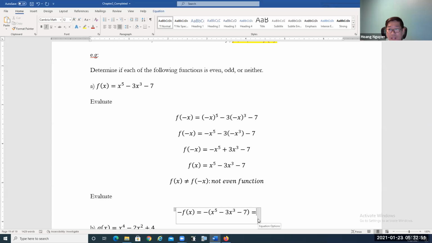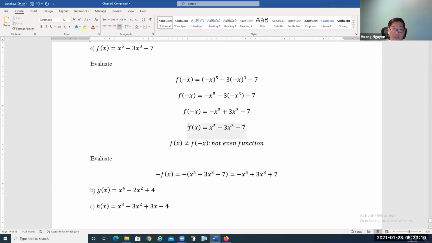Let's simplify this, everyone. Let's distribute these negatives. We're gonna get negative x to the power 5. A negative and a negative is gonna be positive, so it's gonna be positive 3x to the power 3. And then a negative and a negative is gonna be positive 7.